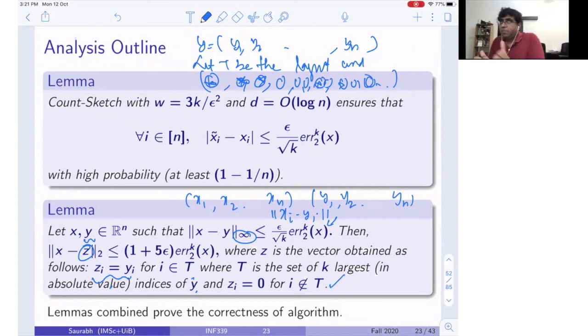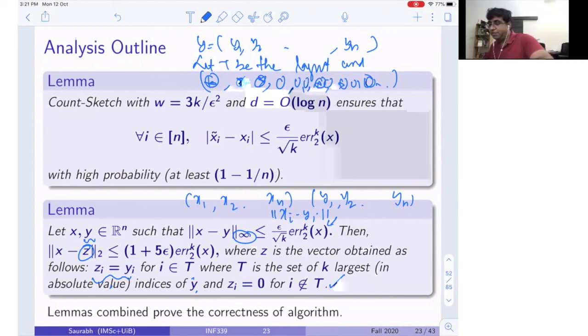Okay, so what we will show is that if you give me an output such that the two vectors are very close to each other in the infinity norm, and then we take the top k coordinates, then the second norm is also bounded by 1 plus 5 epsilon times some terms, the error term.